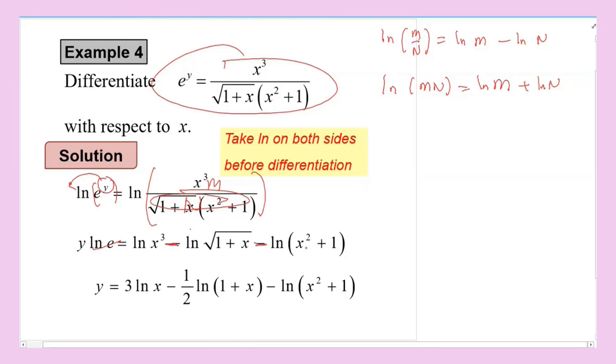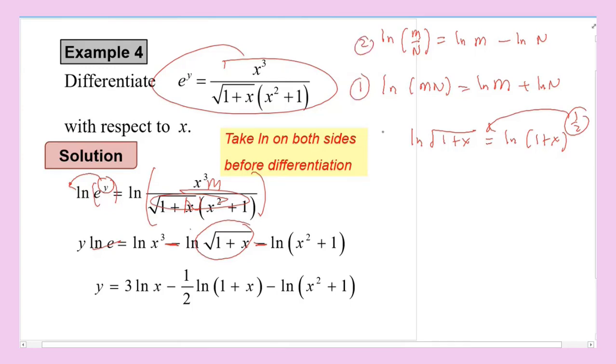So when expanded it becomes negative, so with a bracket it is plus. And then simplify this one too. ln square root of 1 plus x is equal to ln of (1 plus x) to the power half. And then use the third law. This is the third law: first, second, third.